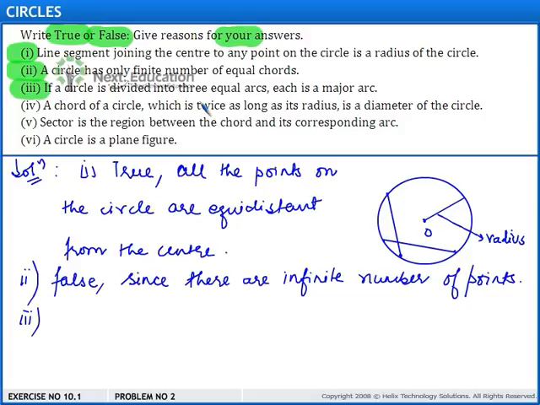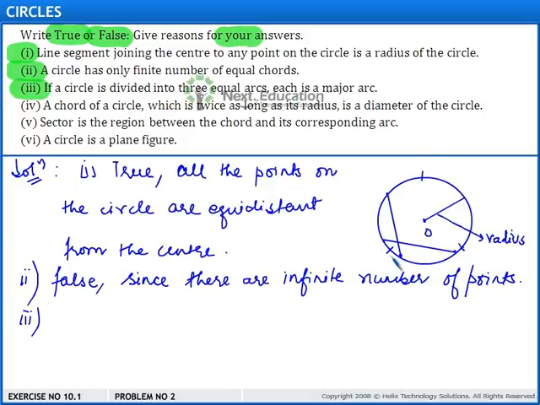if a circle is divided into 3 equal arcs, each arc is a major arc. Now, if we divide this circle into 3 arcs, suppose this is the first arc, this one is the second arc, and this one is the third arc, then it says each arc is a major arc.